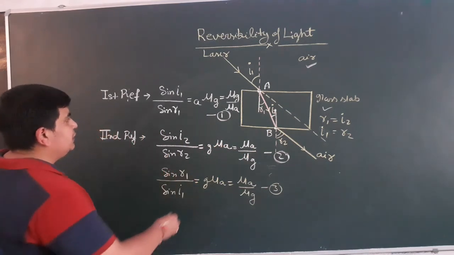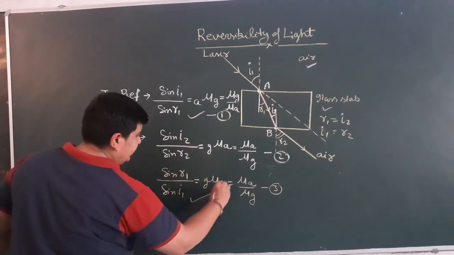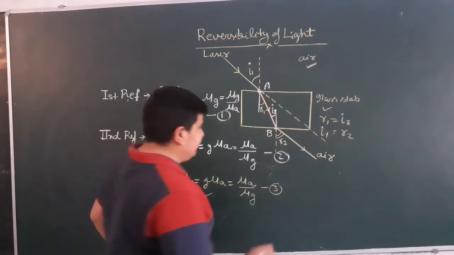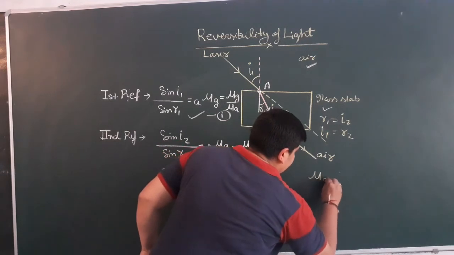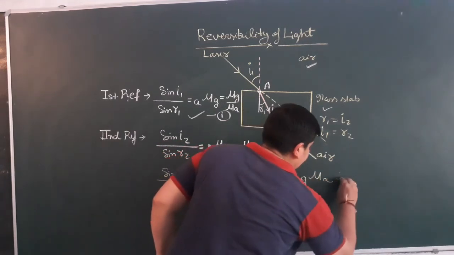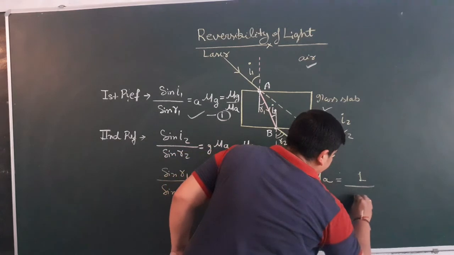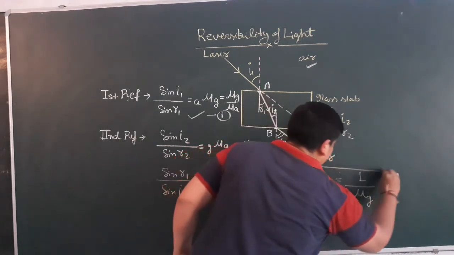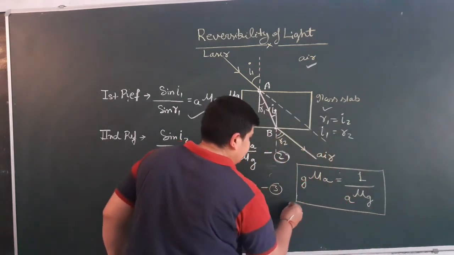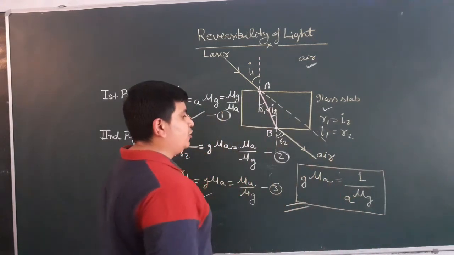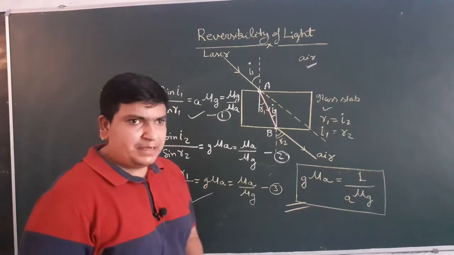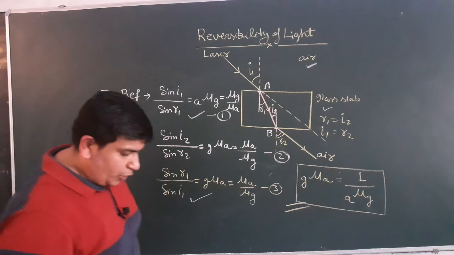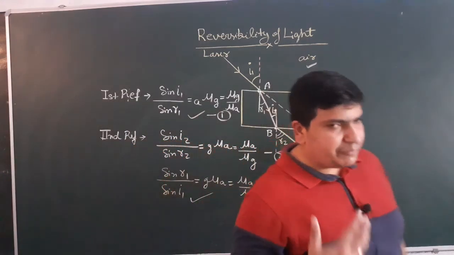If you observe equation 1 and equation 3, you can easily conclude that the refractive index of air with respect to glass is actually the reciprocal of the refractive index of glass with respect to air. This principle, this phenomenon, is nothing but what we call the reversibility of light. So till here we understand the process of reversibility which is happening in refraction.